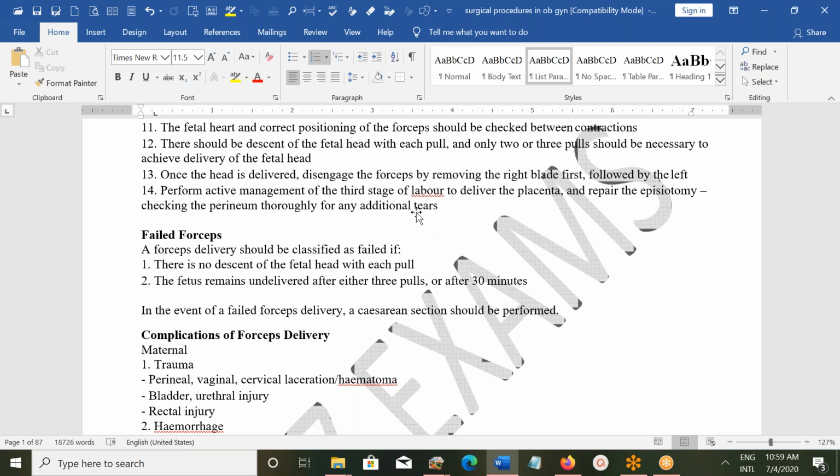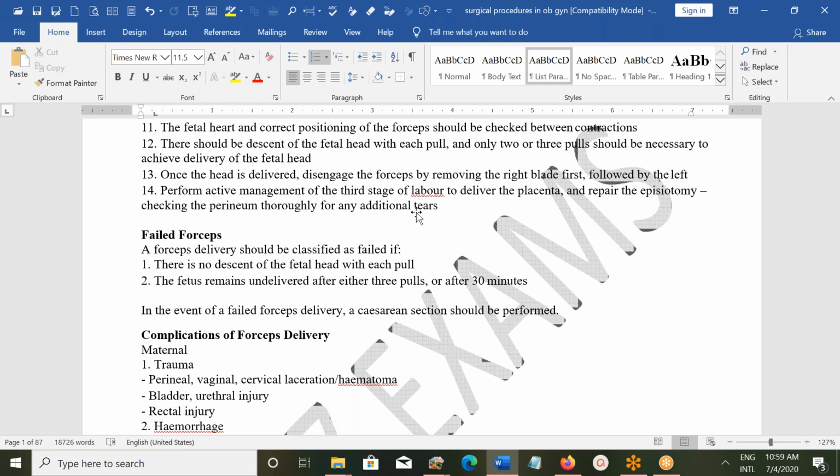Once the head is delivered, disengage the forceps by removing the right blade first, followed by the left. Perform active management of the third stage of labor to deliver the placenta, repair the episiotomy, and check the perineum thoroughly for any additional tears. What should you do if you have a failed forceps delivery?